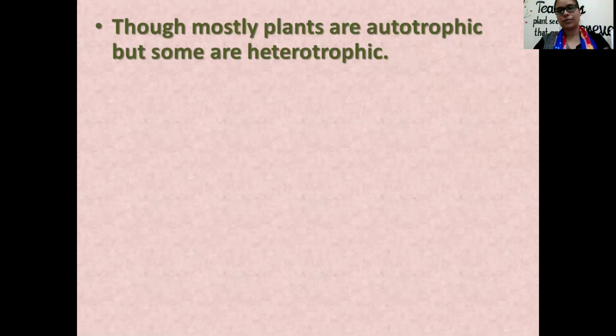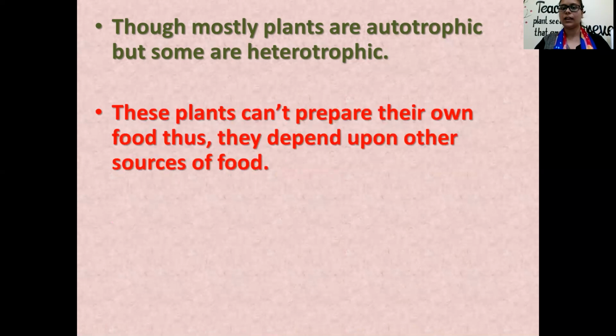Like we know that plants have the tendency of preparing their own food through the process of photosynthesis, but there are certain plants which depend on some other sources of food, and thus they are called heterotrophic. These heterotrophic plants cannot prepare their own food, thus they depend upon other sources of food, and that is why they are called heterotrophs.